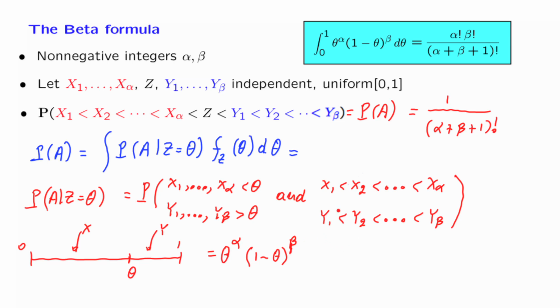So suppose that I told you that all the x's are less than theta. And then I ask you, given this information, what is the probability that the x's that you got are arranged in this particular order? Now, because of the complete symmetry of the problem, even if I tell you that all the x's fall inside this interval, any order of the x's is equally likely.